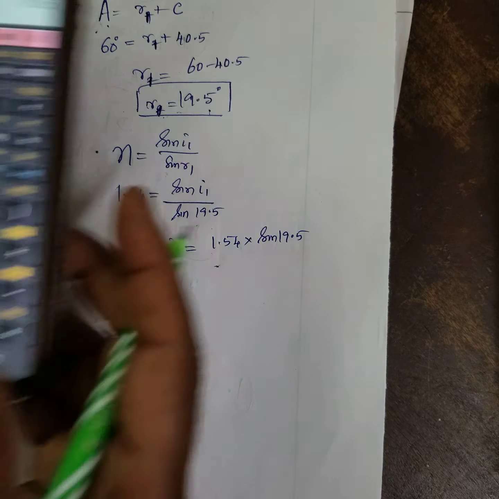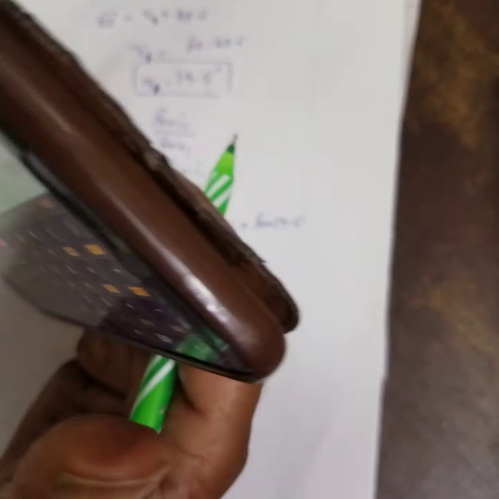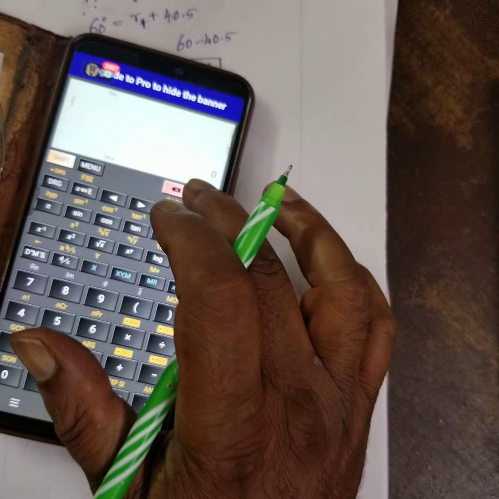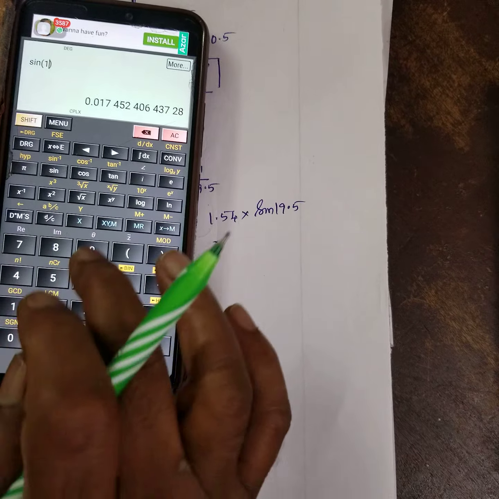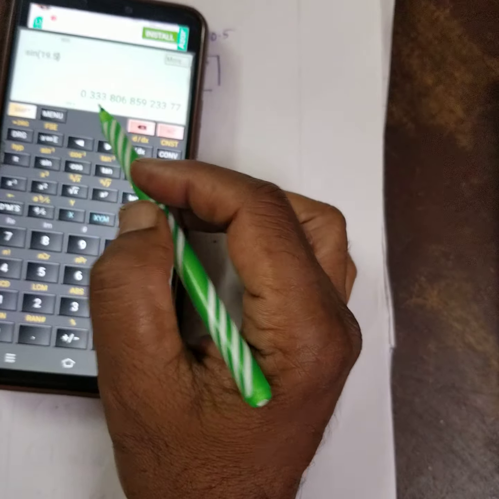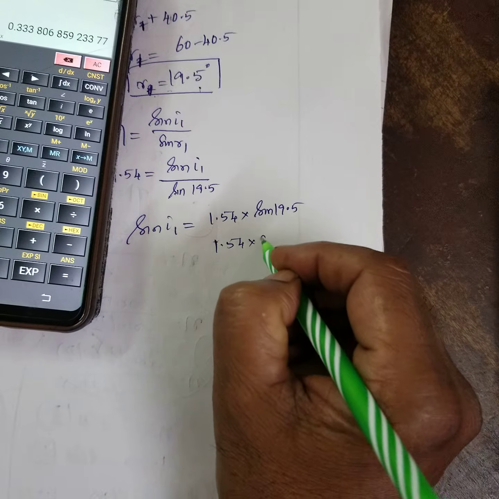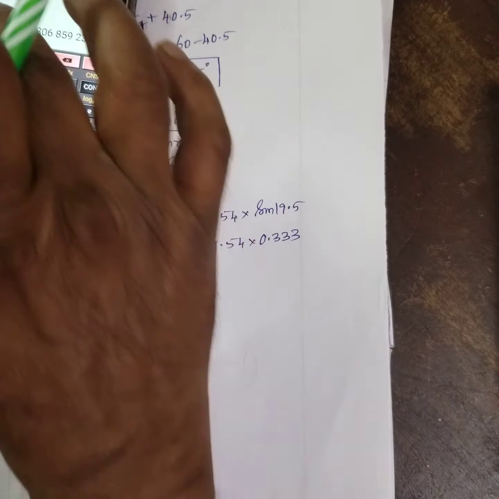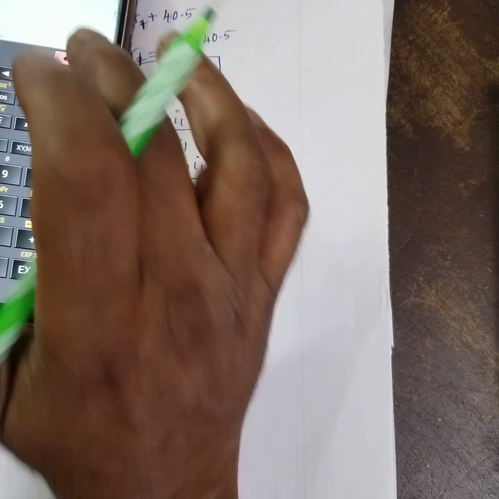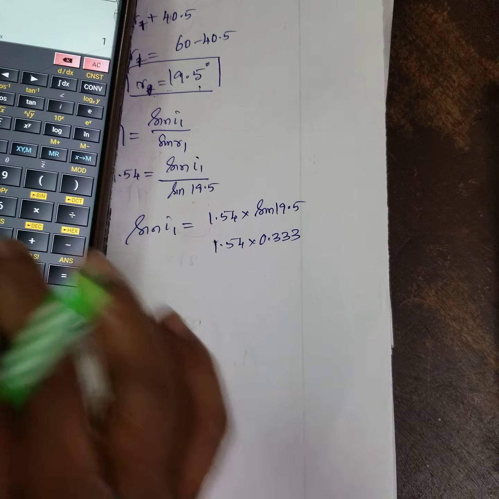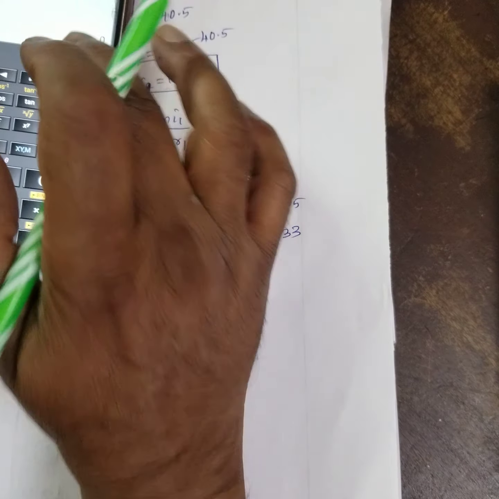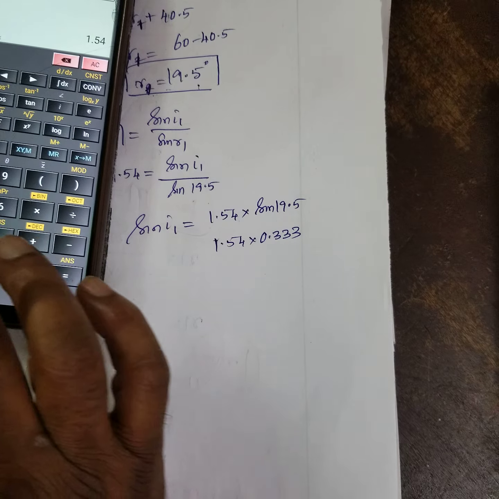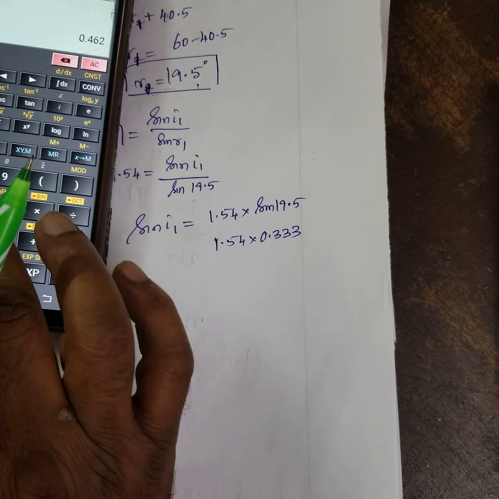Again sin 19.5, how much? 0.333. So 1.54 into 0.333.